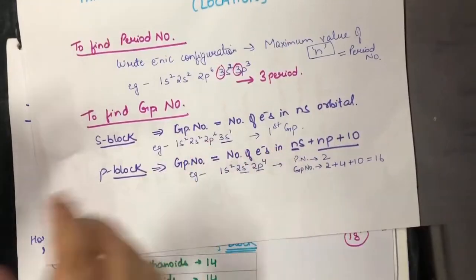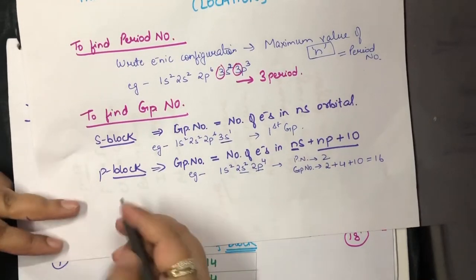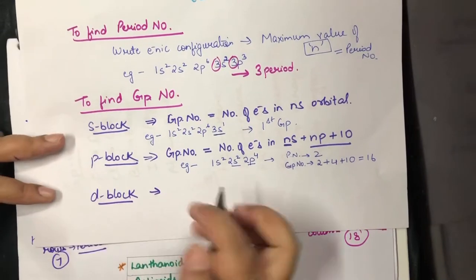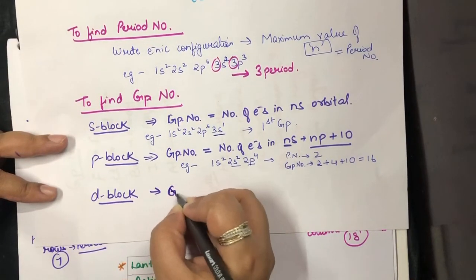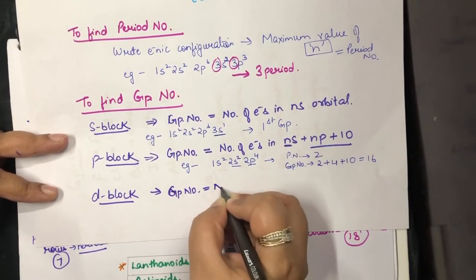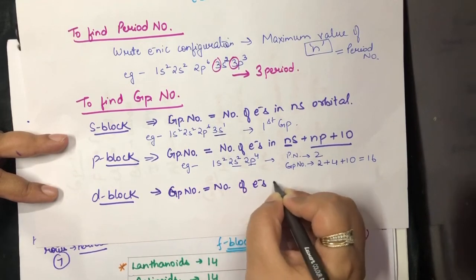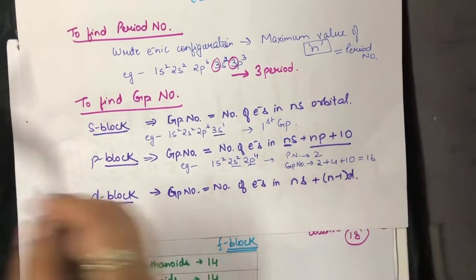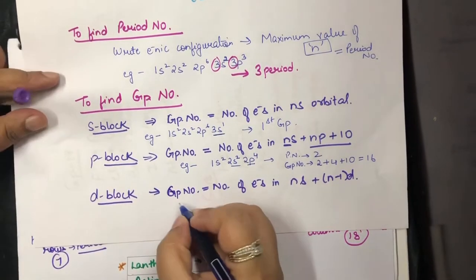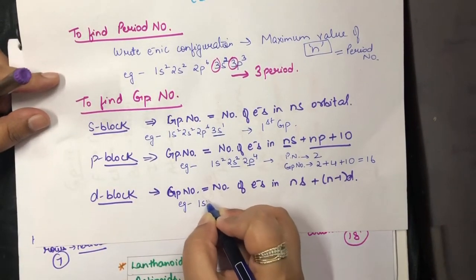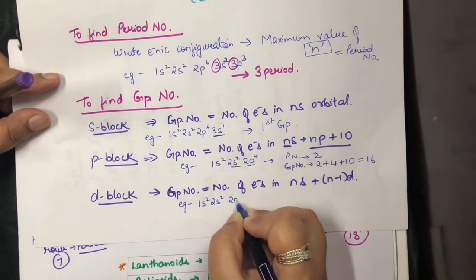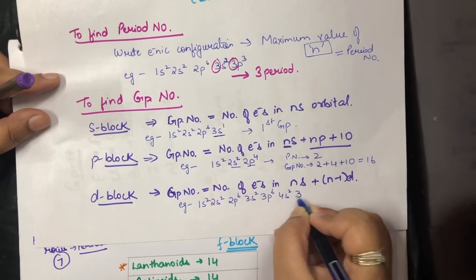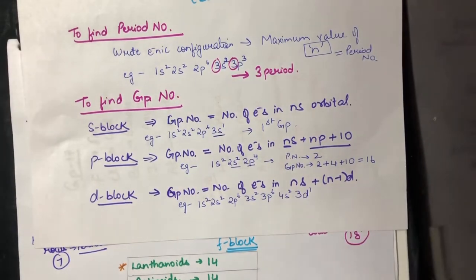Now the last, if I have to do it for D block, again the same thing. If the last electron is entering the D subshell, the formula is the group number is equal to the number of electrons in ns plus (n minus 1)d. Now let's write one more example. Let it be 1s2, 2s2, 2p6, 3s2, 3p6, 4s2 and 3d1, right?